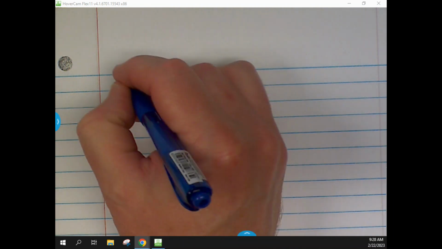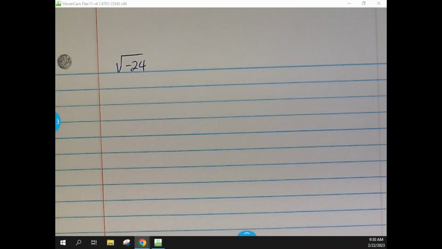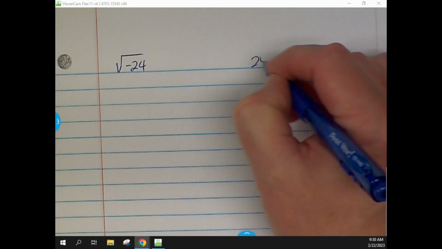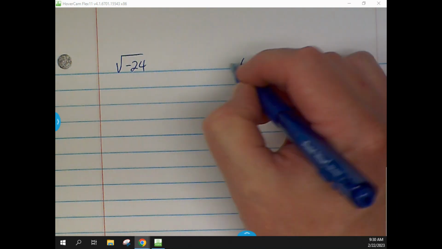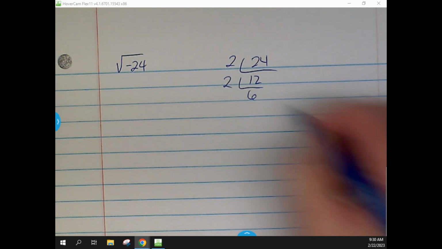All right, so let me give you just a small one to practice here real quick. Let's say we're going to do the square root of negative 24. Again, I'm going to go stack method. It's even, divided by 2, that's 12. That's even, divided by 2, that's 6.